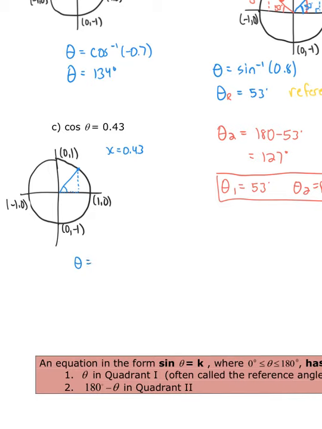So we know we should have an acute solution. So cos theta of 0.43, use your calculator, and you have 65 degrees. There's only one solution between 0 and 180. That's the only place you can draw that right angle triangle that has this x value of 0.43.